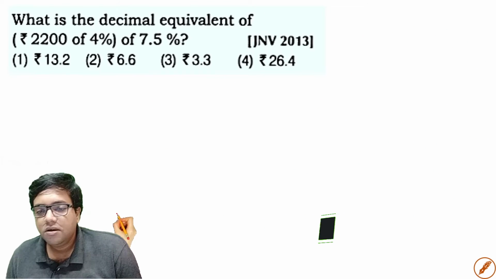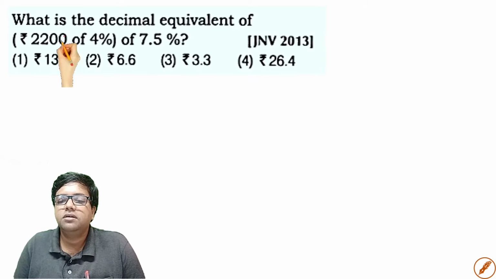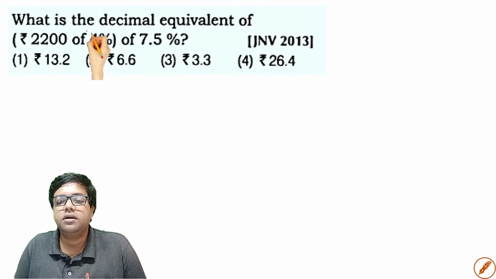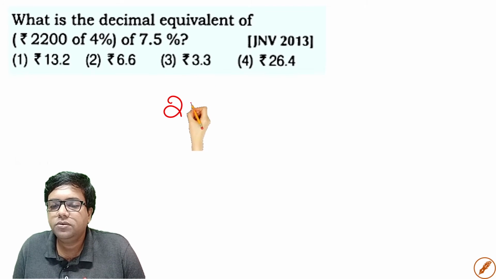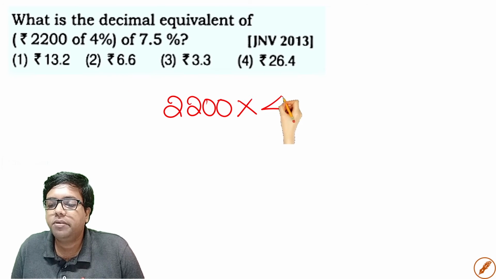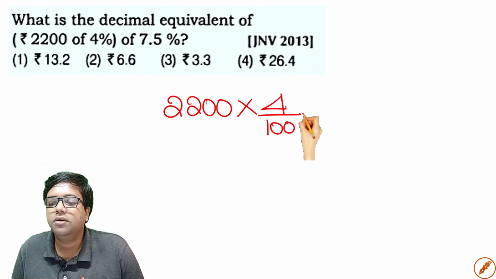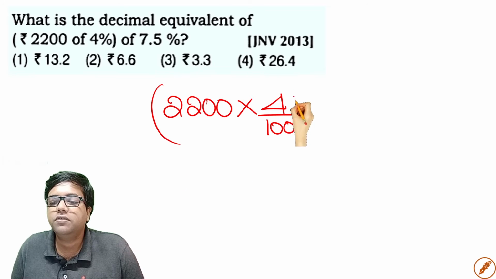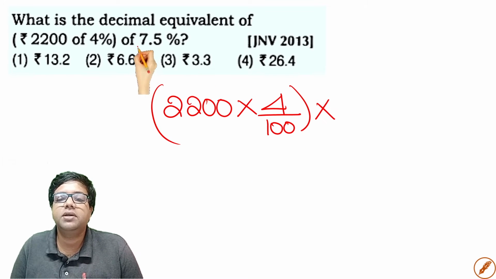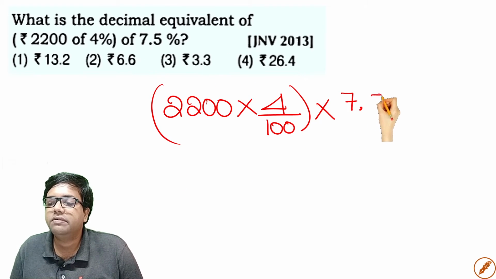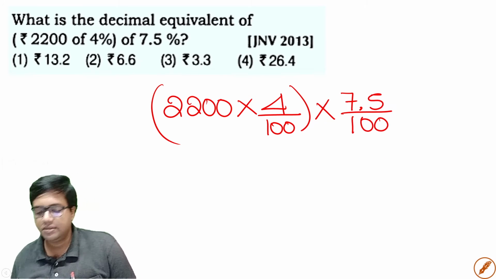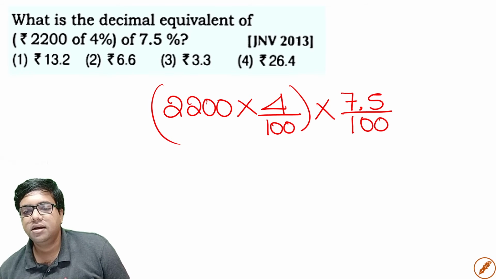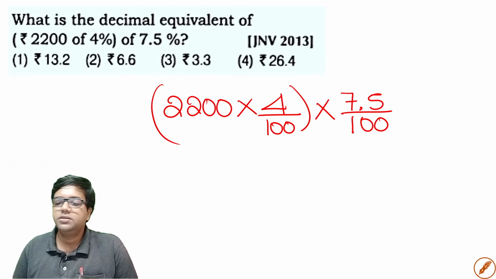Let's move ahead. What is the decimal equivalent of 2200 of 4% of 7.5%? Of means multiplication, 4% means 4 by 100. Again another of is there, of means multiplication, 7.5% means 7.5 by 100. So let's do the maths here.